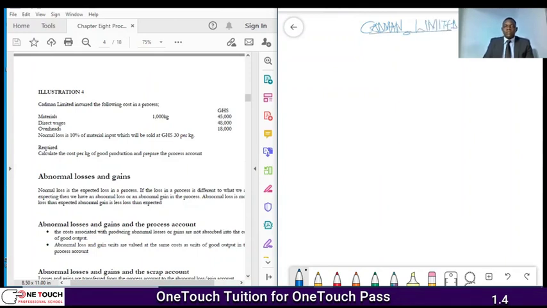So first, let's determine the cost per kg of good production. So we have the units and the amount.